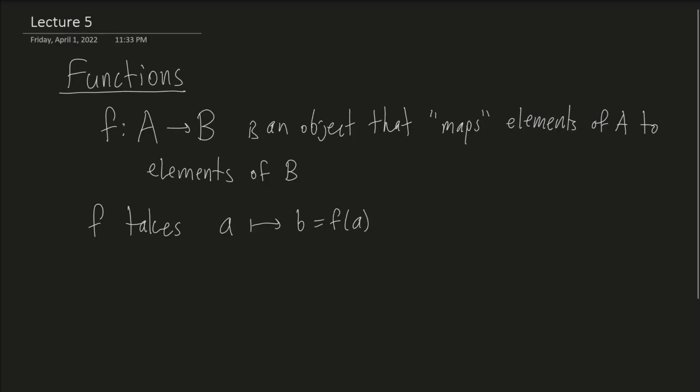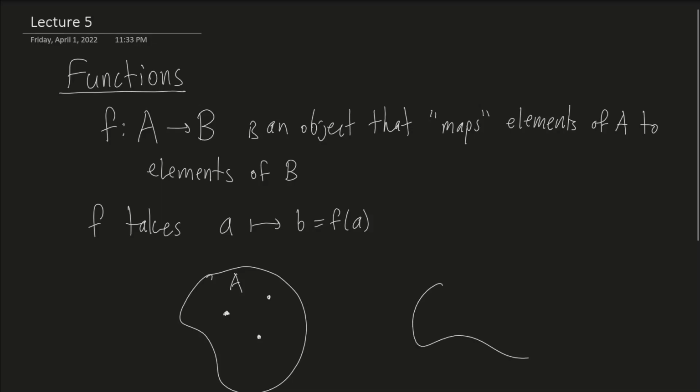A way that we can envision what's going on is if we draw out this set A, and mainly we're just going to focus on finite sets. So even though I've drawn this region, really I'm going to think about A as just this finite set of points.